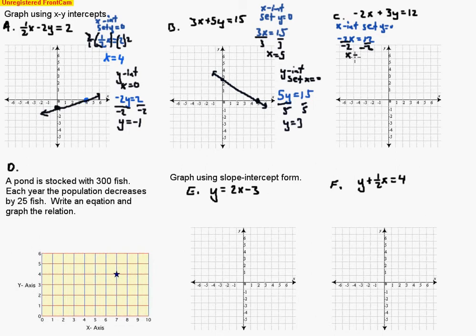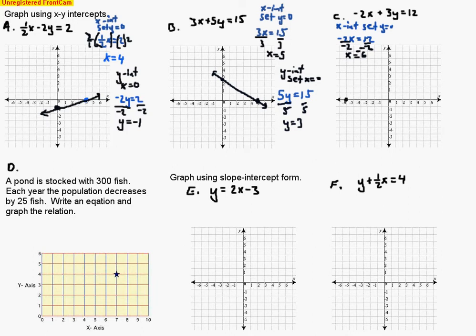So x equals 6. Actually it makes a negative 6 because we have a positive over a negative there. So you've got to be real careful with your signs. Hopefully you're a little more careful than I am there. So we go over on the left-hand side of the x-axis 6 spaces. So that's 1, 2, 3, 4, 5, 6. And we put a dot.